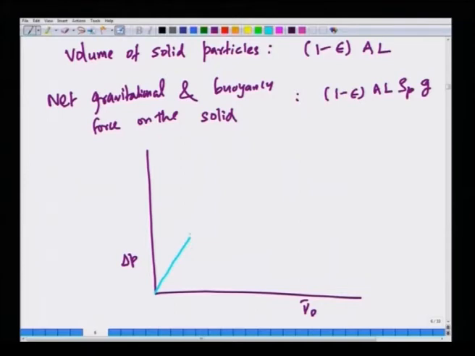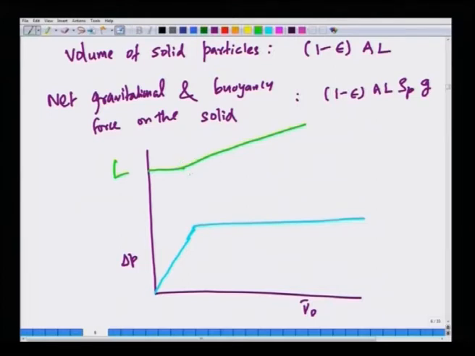And at the onset of fluidization, the delta p will remain constant as you increase the superficial velocity, but what is happening instead is that the length of the bed, which was initially constant, will start increasing. That is the onset of fluidization.